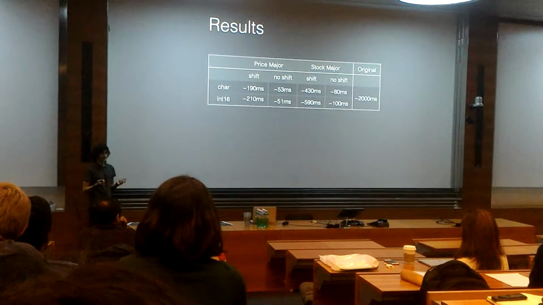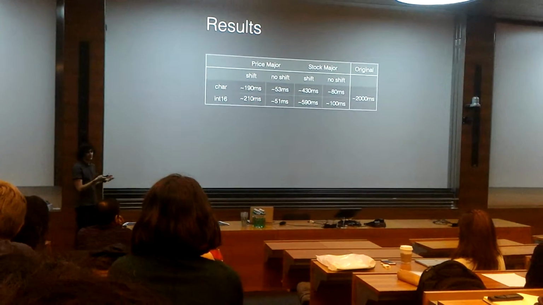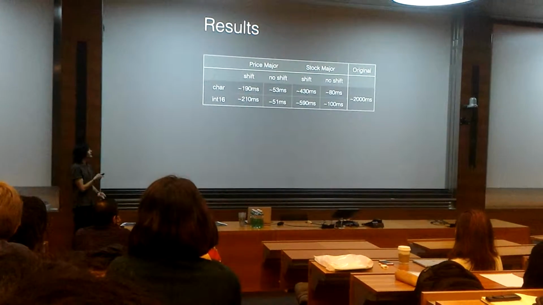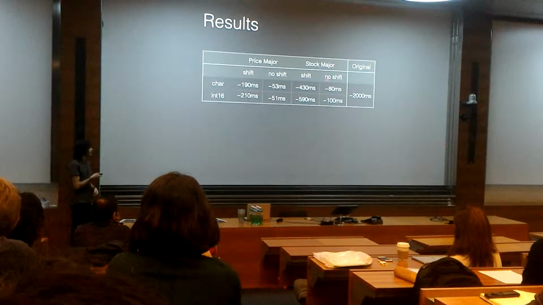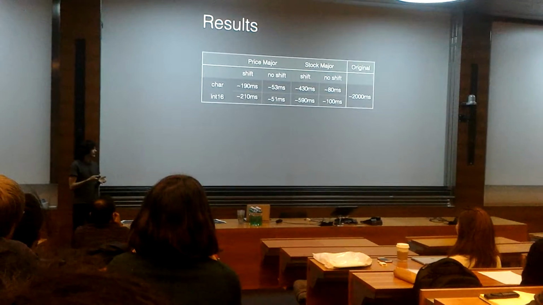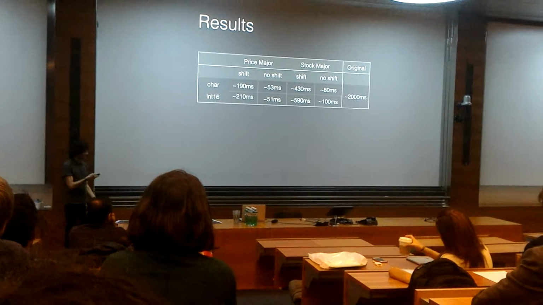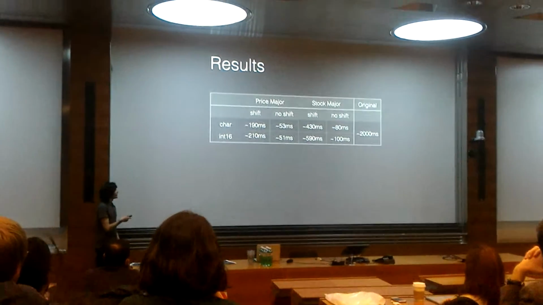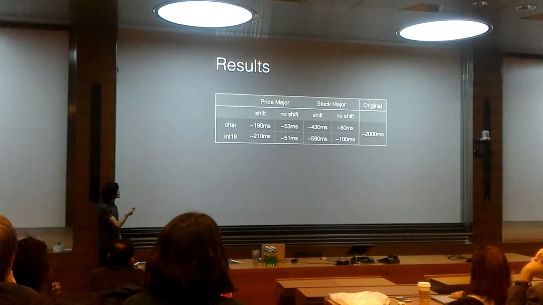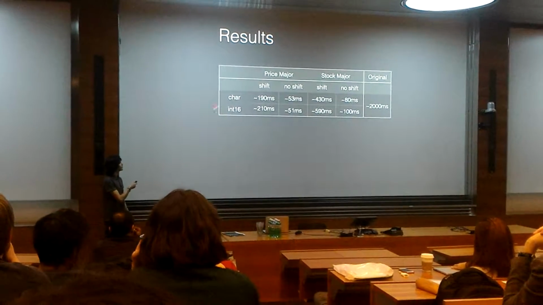So it's not what we expected, because we thought that this should be the fastest one, and we are still investigating why this is going on, and probably the shift is really expensive, or there are some reasons that we haven't understood yet, essentially.